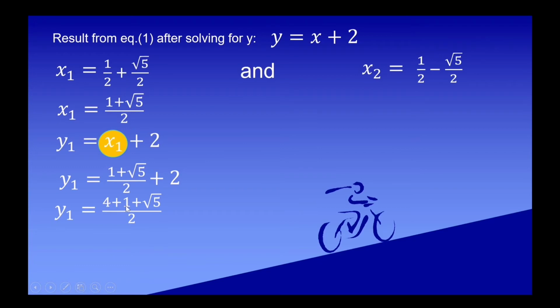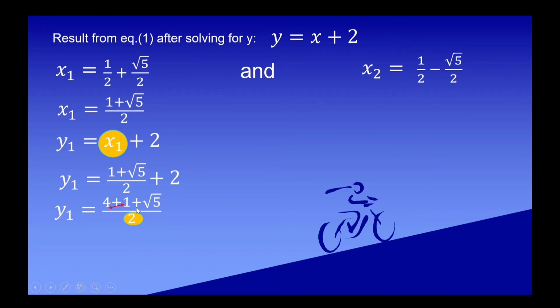Then y sub 1 is equal to 2 times 2 is 4. Then copy 1 plus square root of 5. Since we have the denominator of 2, that is 1 for the whole number, then denominator by denominator, 2 times 1 is 2. Then get the sum of the numerator, 4 plus 1 plus square root of 5.